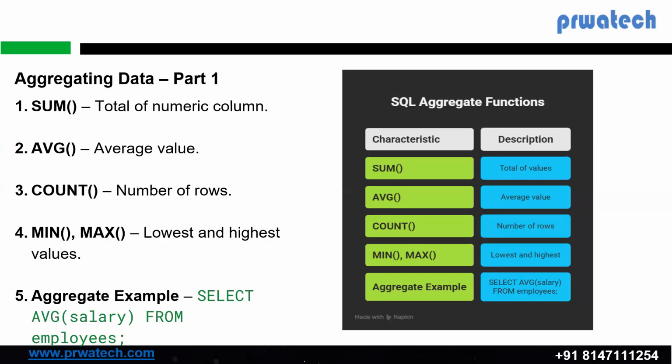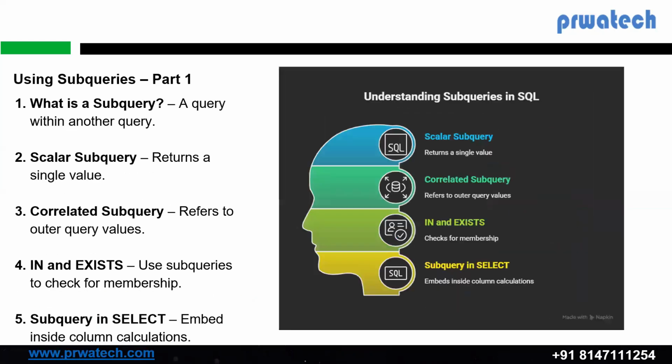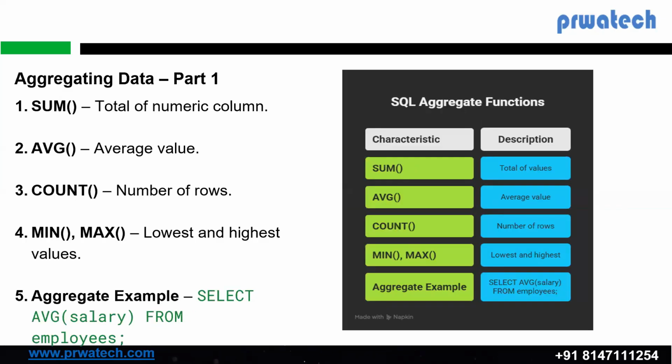An aggregate example: SELECT AVG(salary) FROM employee. We have more, but we'll start the practical things now and explore more on these later. Till here this is fine.